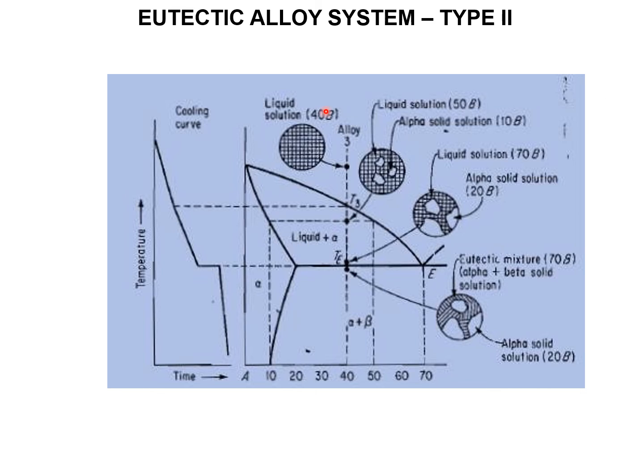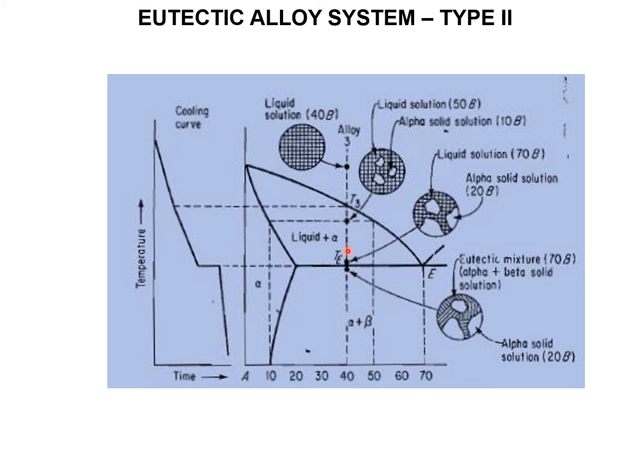Next is alloy system 3. At 40 percent of B, 60 percent of A, we can see the microstructural changes. At this point it is entirely liquid. Once it crosses the freezing point at T3, liquid solution is there and small solid grains will form.